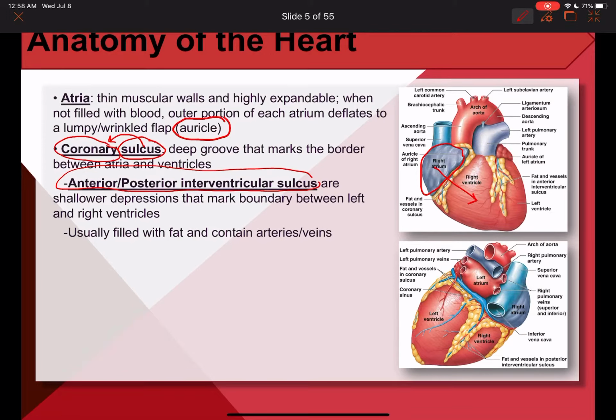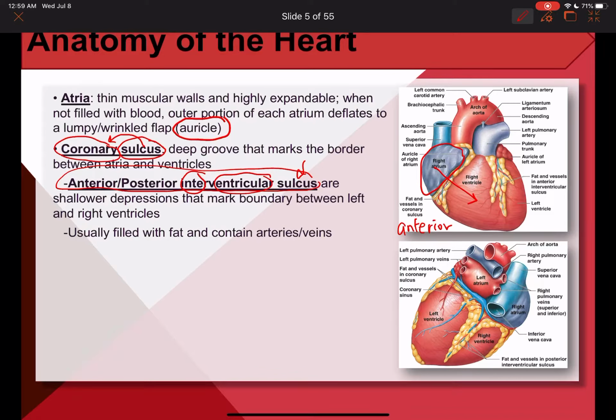Anterior means front of the heart, so this is the anterior view of the heart. And interventricular, inter means between, ventricles. So this is on the front side of the heart between the ventricles, and it is a groove between the ventricles. So that means it has to be this one right here, which is a groove for blood vessels to go through on the heart.